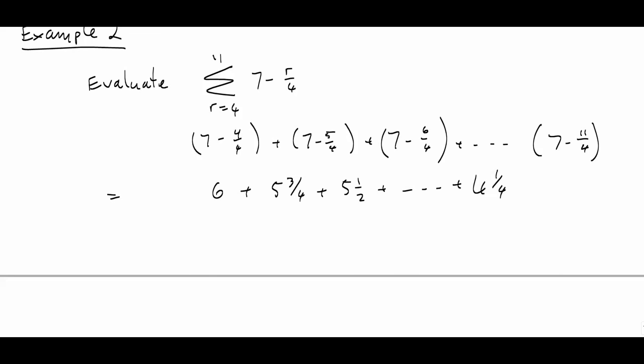Simplifying gives us this series here, and if we want to evaluate the sum, again we have a equals 6, d would be minus a quarter.